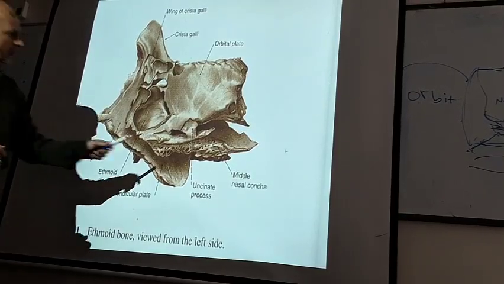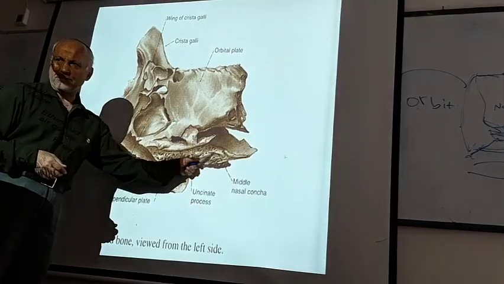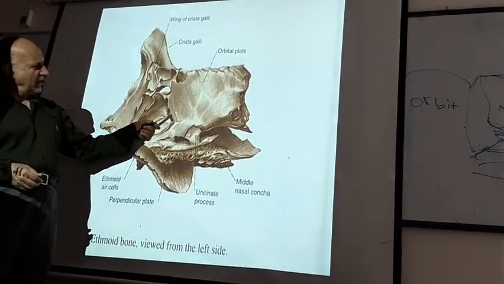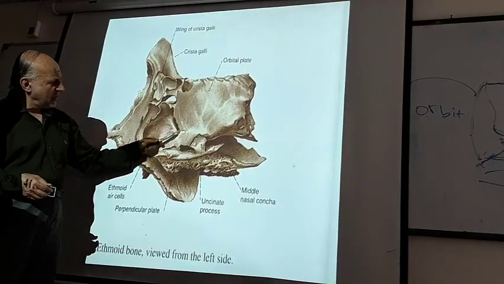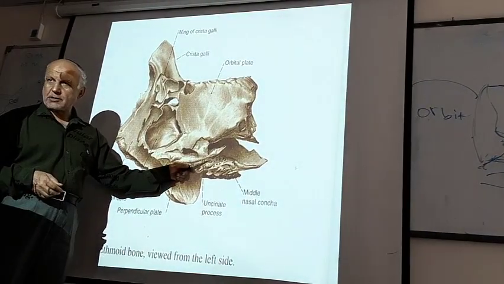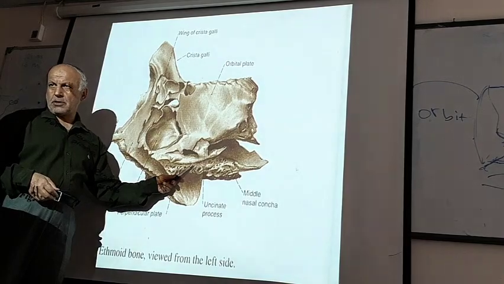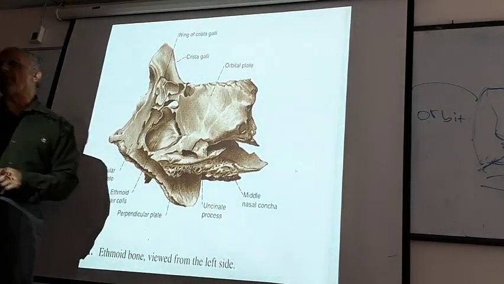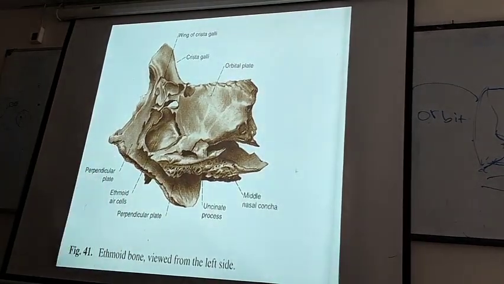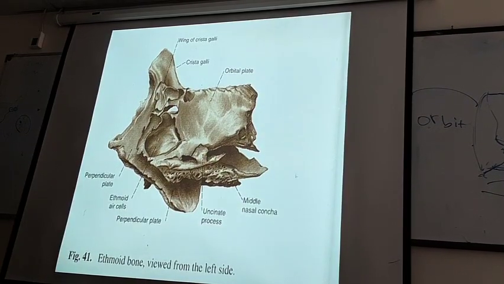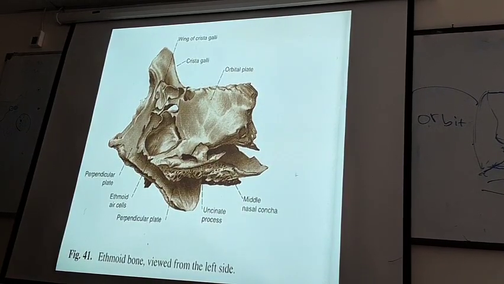It is the middle concha in this shape. We have a process from the orbital plate that comes to the nose. It is named the uncinate process. This uncinate process will in future articulate with the inferior nasal concha.